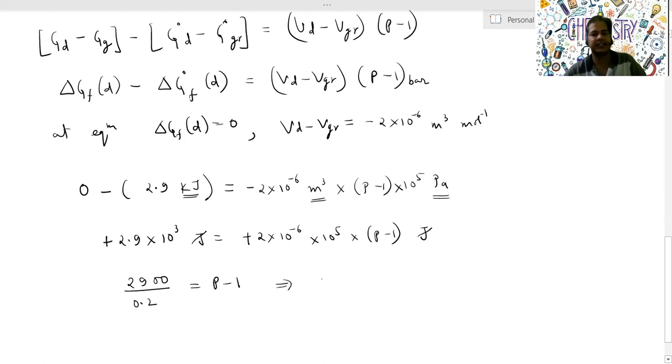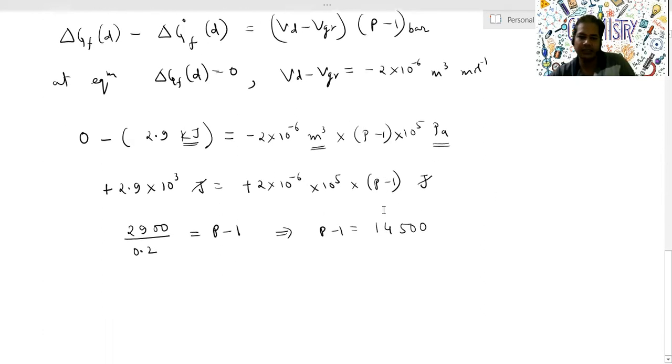This gives P minus 1 is equal to 14500, or P is equal to 14501 bars.